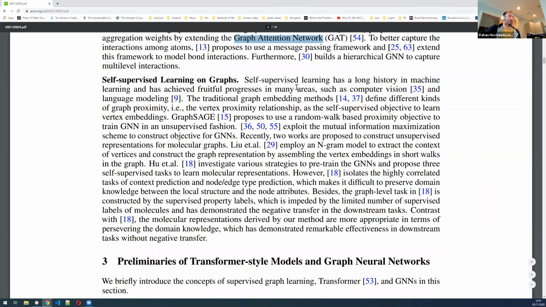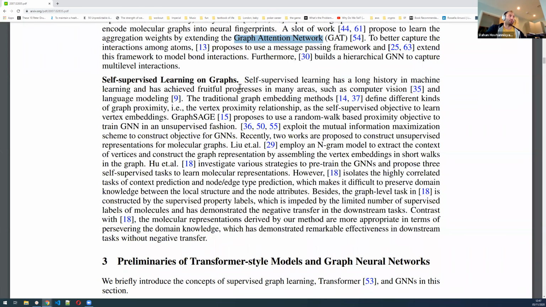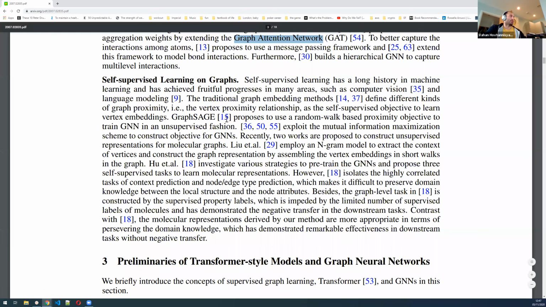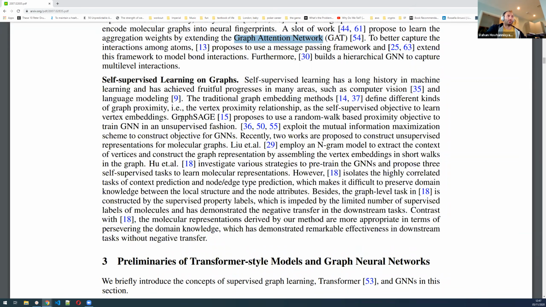And a bit of self-supervised learning. Well, self-supervised learning has become very common in NLP. Again, BERT is the most recent, most famous example. But there has been also work for graphs, for graph-based models. For example, there is this paper, GraphSage, that uses a random walk-based proximity objective.